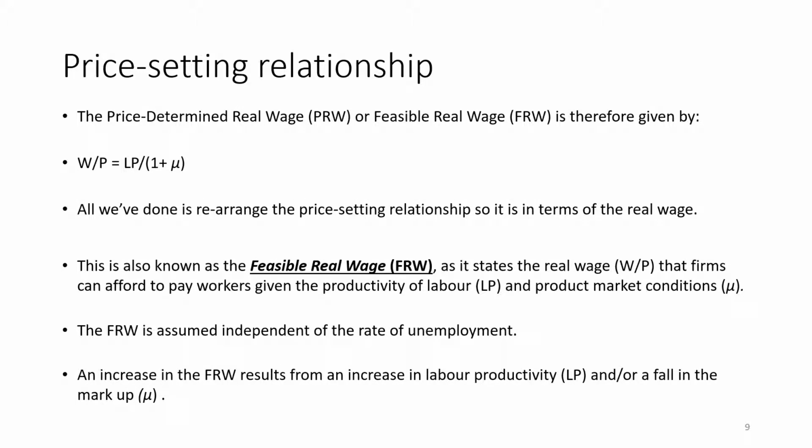You'll see from the price setting relationship that firms use that this can be rearranged so that it's expressed in terms of the real wage. So we've got W over P on the left hand side. And this gives us what we call the feasible real wage. So this is the level of real wages that firms can afford to pay their workers given the level of labour productivity and the amount of competition they face in their product markets.